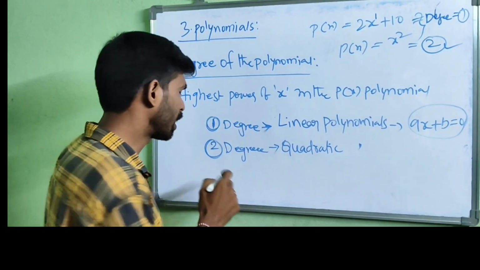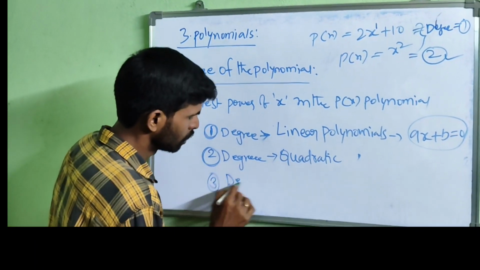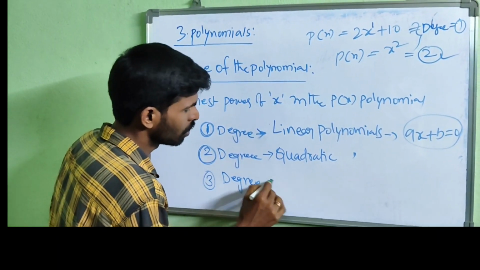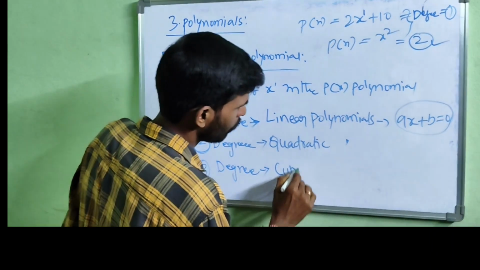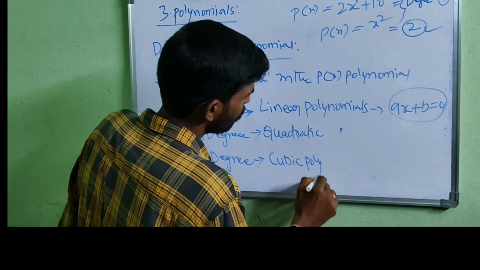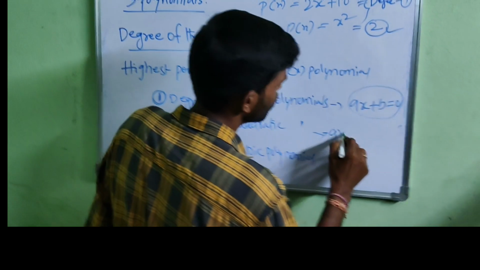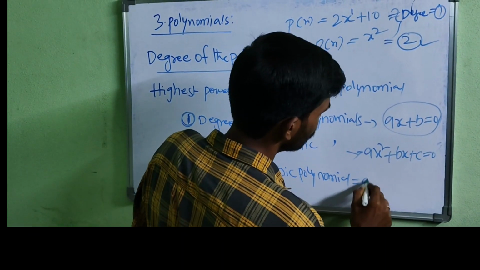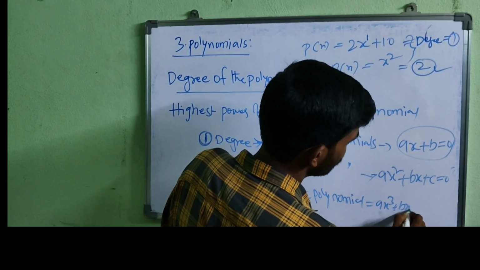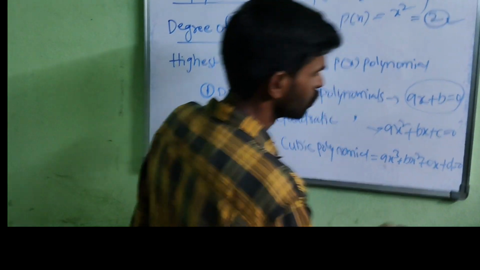Second degree, quadratic. Third degree, cubic. Right? If the polynomial is third degree, that is nothing but a cubic polynomial. This example is ax square plus bx plus c equal to 0. Here, ax cube plus bx square plus cx plus d equal to 0.